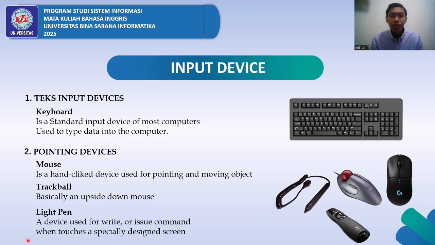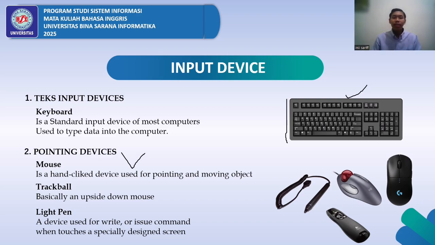Input devices. The first is the text input device. The unit is the keyboard. The keyboard is the standard input device of most computers, used to type data into the computer. The picture is like this. And the second is the pointing device.